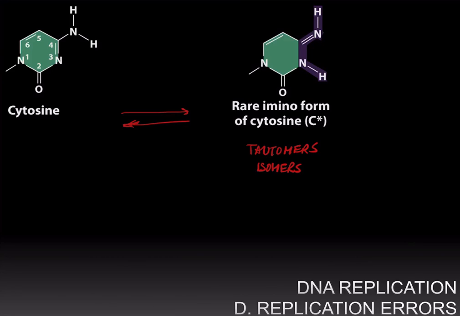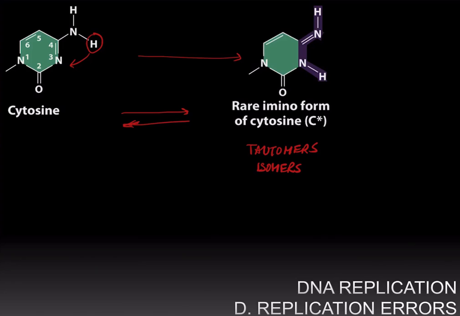However, the alternative tautomers are rare and are not common. So, as an example, we can consider cytosine, and if you move this hydrogen atom to the nitrogen in the third position from the nitrogen that is bonded to the fourth carbon, then you get the imino form of cytosine.